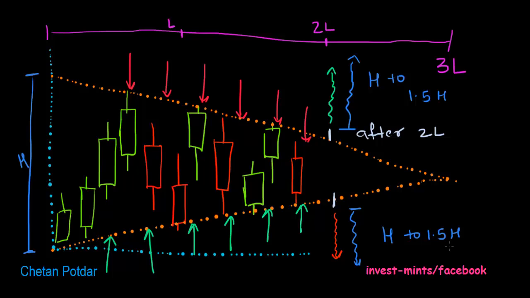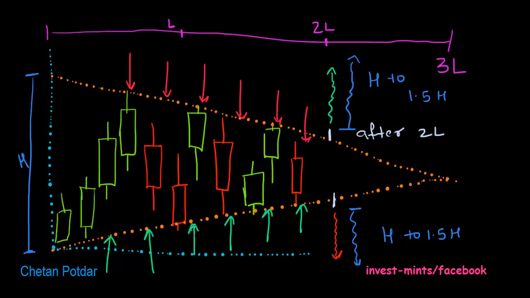Which means, again, very quickly, let me explain to you. Price is going up, down, down, up, down. You draw two imaginary lines, and as these two imaginary lines conclude here, this is what we call the length of the triangle.